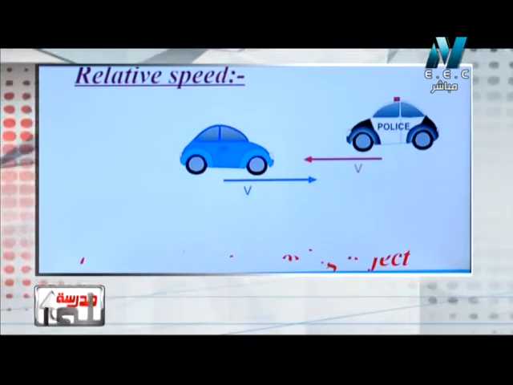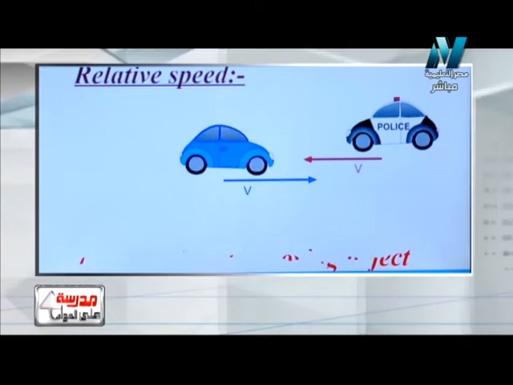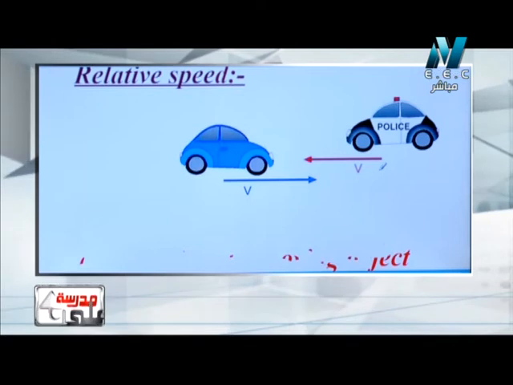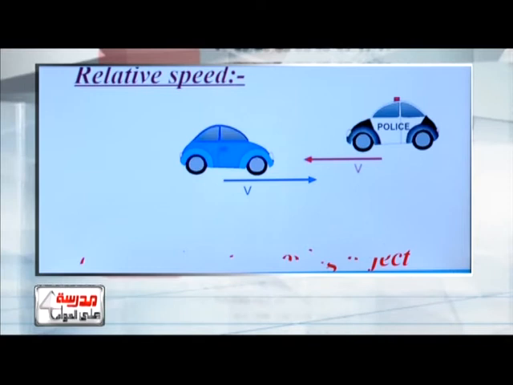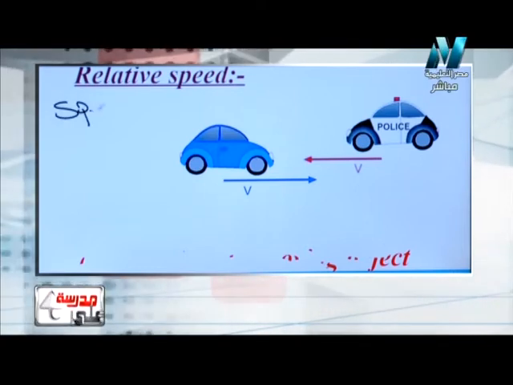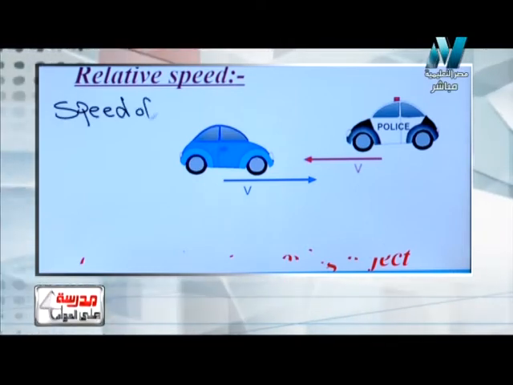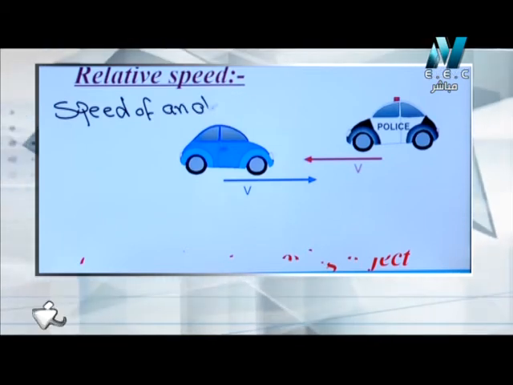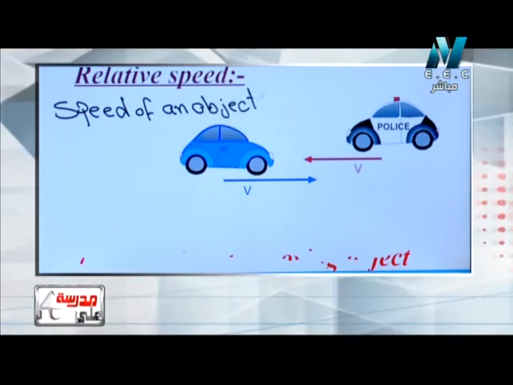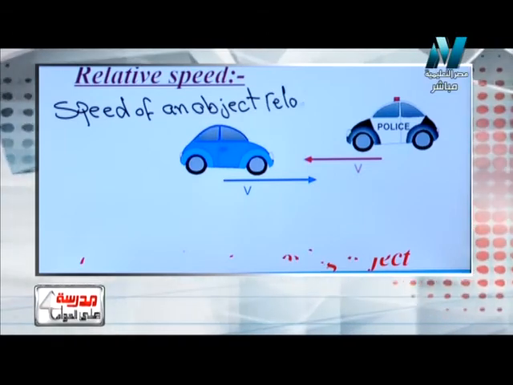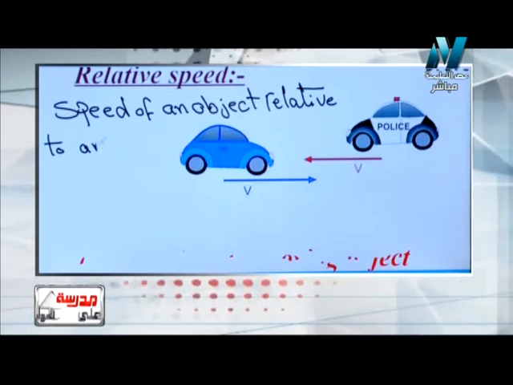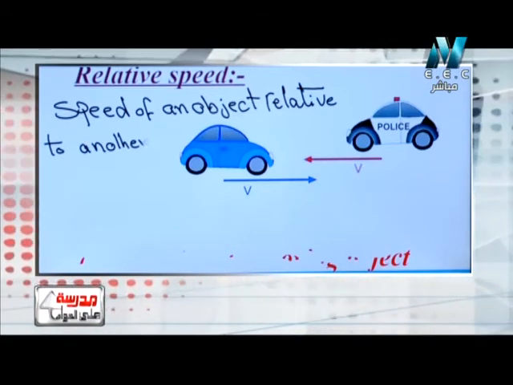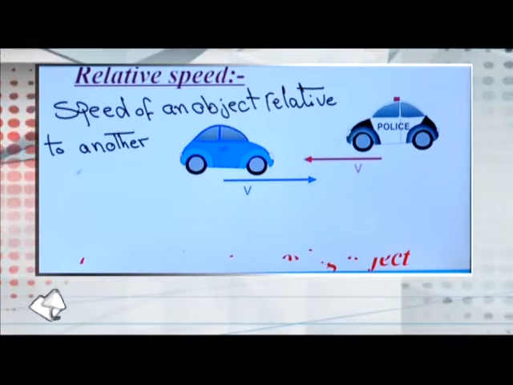This car has speed V and the other car has another V. So here we can determine the relative speed as the speed of an object relative to another. This other object is called the observer.